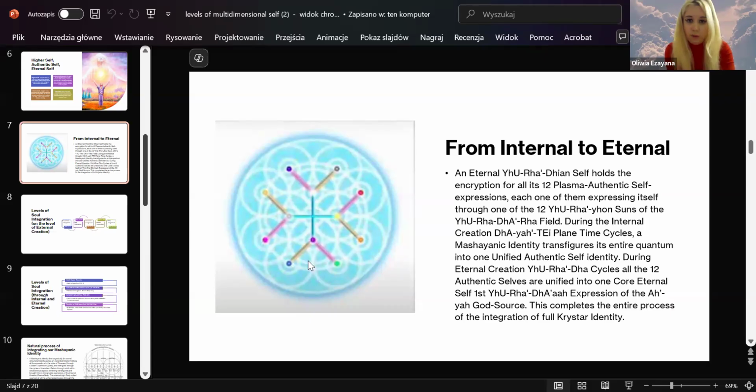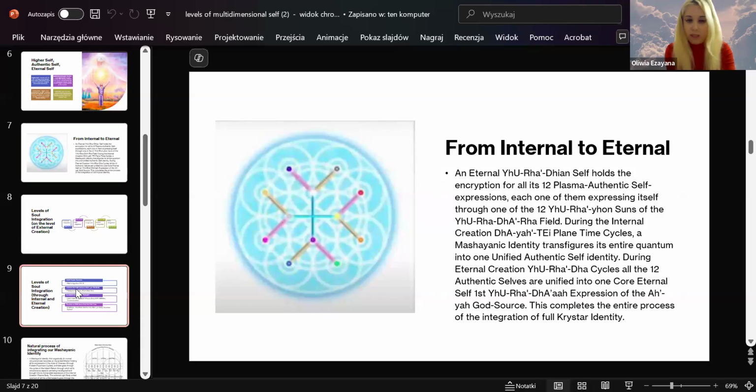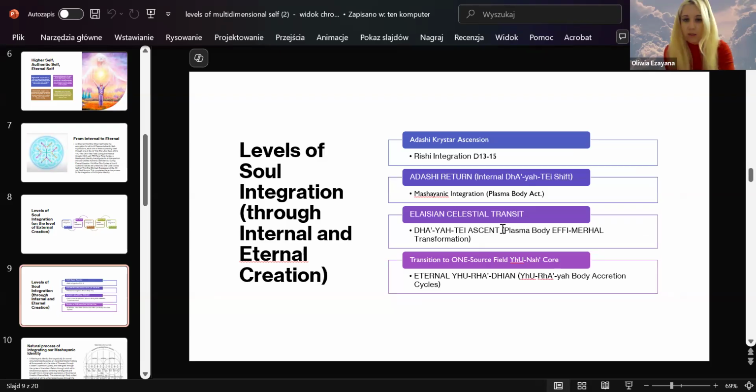So, as we go through the cycles of the deity, we are integrating our deity self, becoming the deity ascent. And as this deity ascent is fully integrated, it goes through a certain process that is referred to as the Elasian celestial transit, throughout which the 5 layers, the 5 elemental templates of the plasma body template, are unified into the structure of the ephemeral rainbow body.